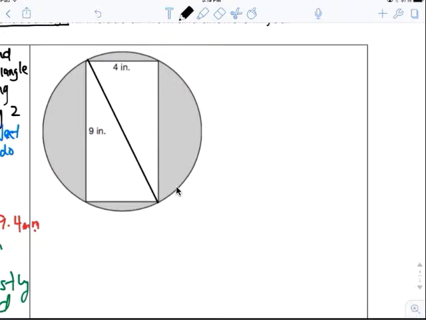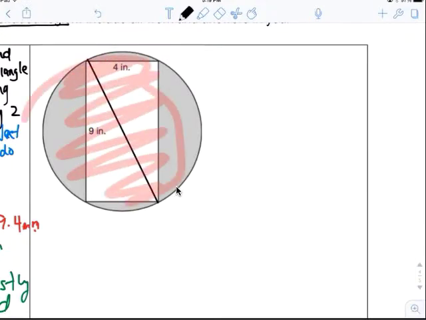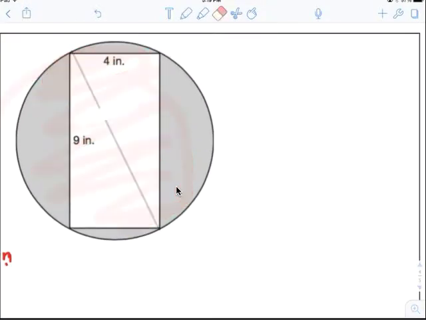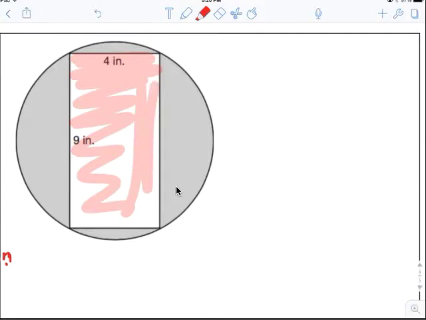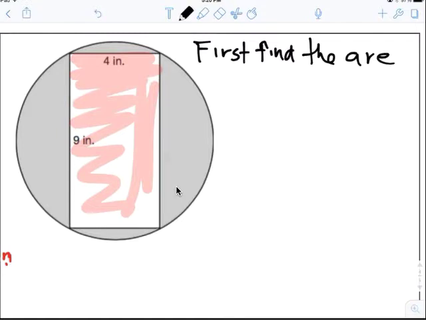Okay. Let's first find the area of the rectangle. First, find the area of the rectangle.